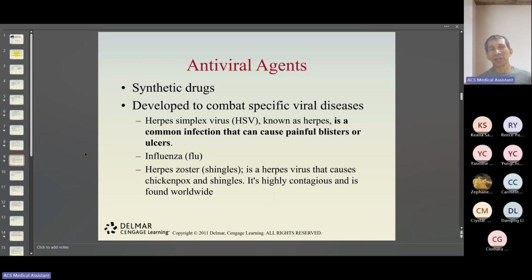Some of these common viral infections are herpes simplex. We have herpes simplex 1, herpes simplex 2, and we have herpes zoster. So what is the difference between herpes simplex 1 and herpes simplex 2?